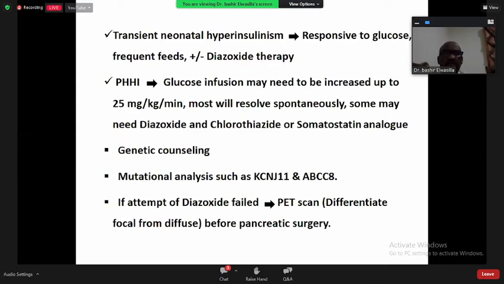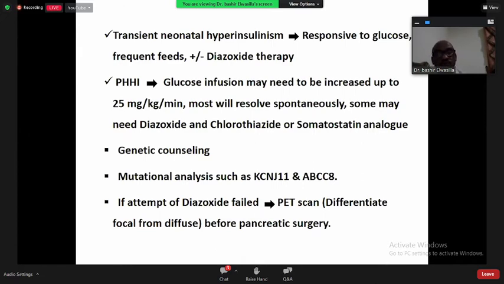In persistent hypoglycemia of infancy, glucose infusion may need to be increased up to 25 milligram per kg per minute. Most will resolve spontaneously, but some might need diazoxide and chlorothiazide or somatostatin analog. We use it sometimes as bridging medication, because the child will soon become tolerant to this medication, and it will be of no use after some time.